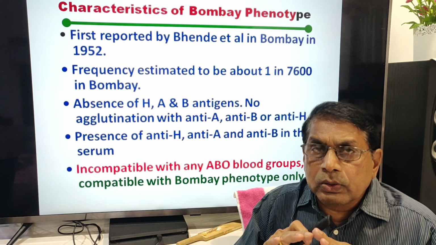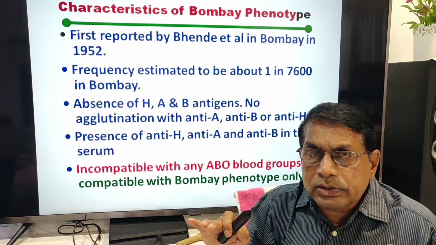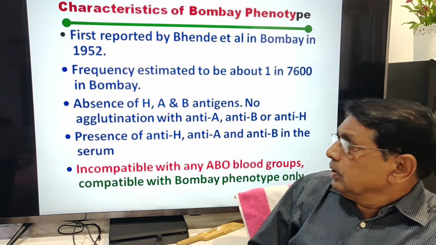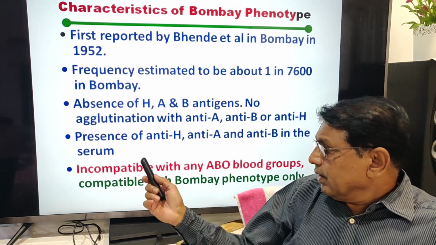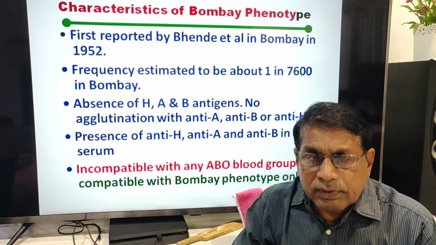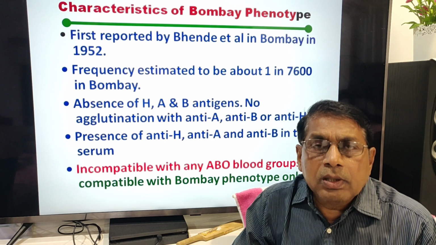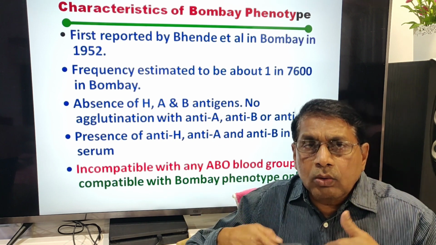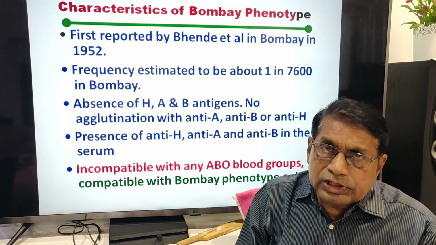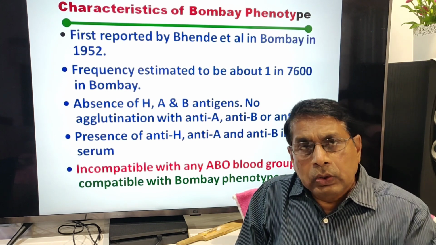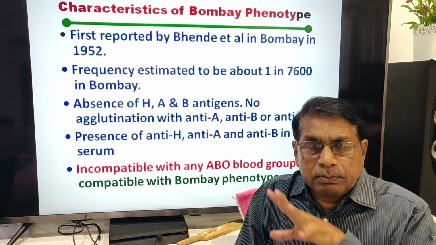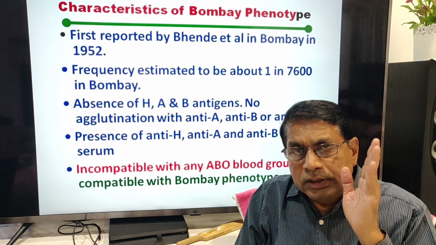In Bombay blood group people, there are no antigens on the surface of the RBC. So they cannot take blood from A, B, AB or O, but only from their own blood group, the Bombay blood group. This is the specialty. No antigens. Their blood is not compatible with the ABO system.